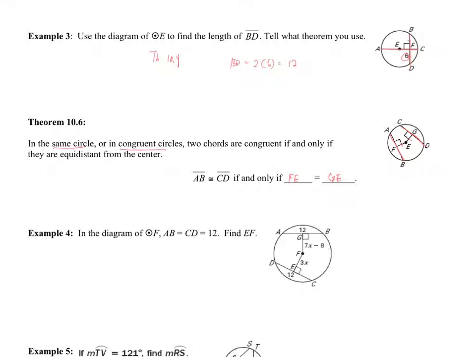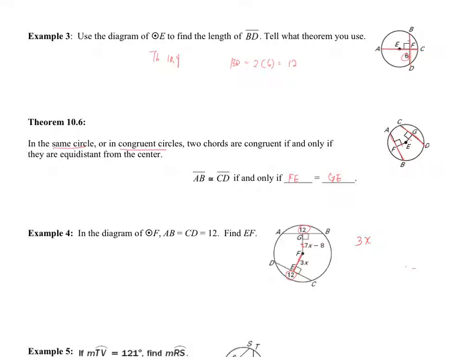Example 4. In a diagram of circle F, AB is equal to CD, which is 12, and we want to find EF. So by theorem 10.6, since these two chords, CD and BA, are congruent, we can conclude that EF is equal to GF.